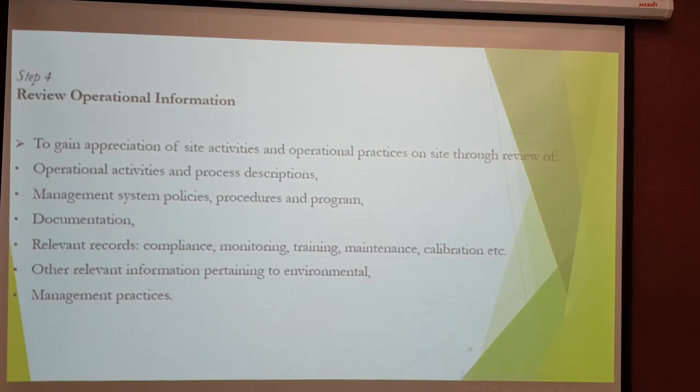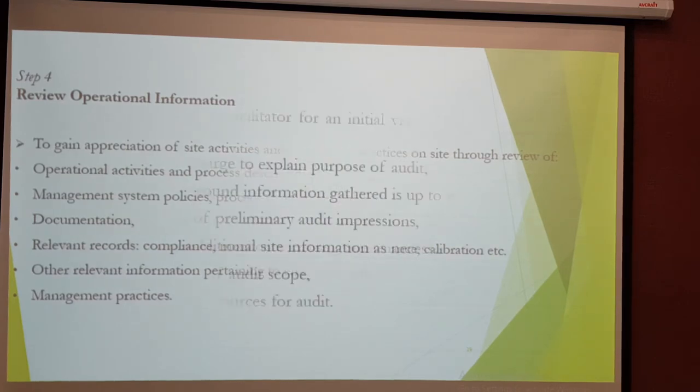If environmental clearance is applicable to that industry, then the EIA should be there. Then you can check the EMP. Then documentation for implementing the EMS. Then relevant records like compliances, monitoring, training, internal training, external training, maintenance, calibration of equipment in the lab, etc. Wherever applicable you can tick, otherwise you can skip. And other relevant information pertaining to environmental management practices.